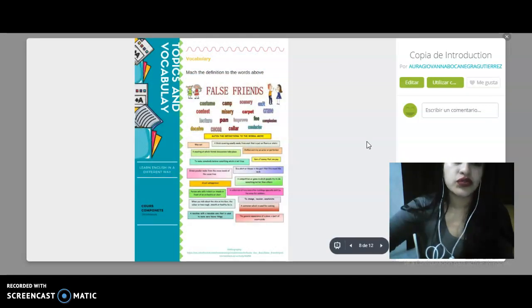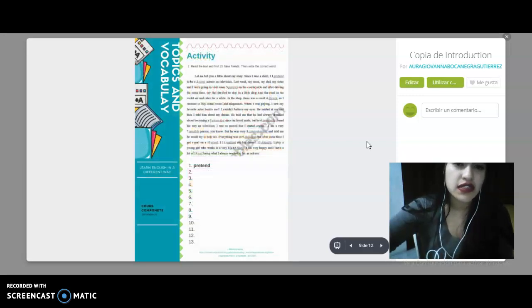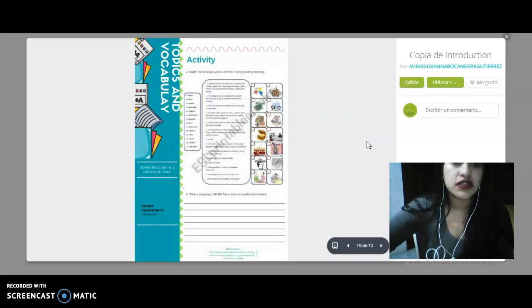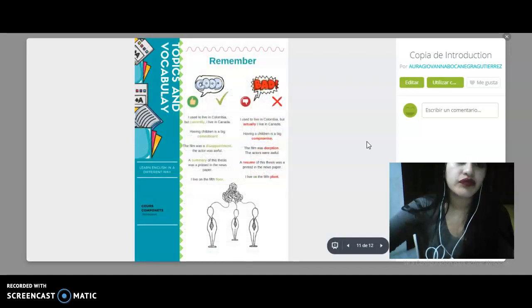They have to complete the activities, and they have to read, they have to match the correct word, and finally, as feedback, as a reminder, the good or the bad use of the words.